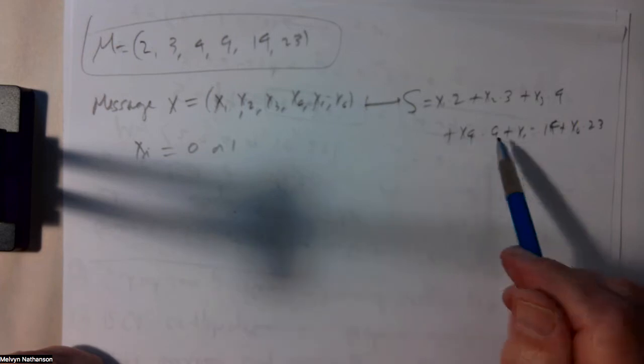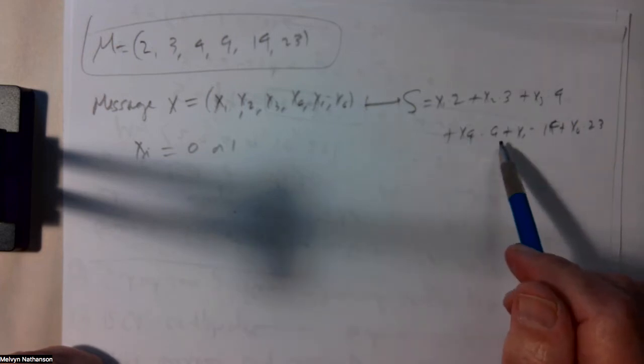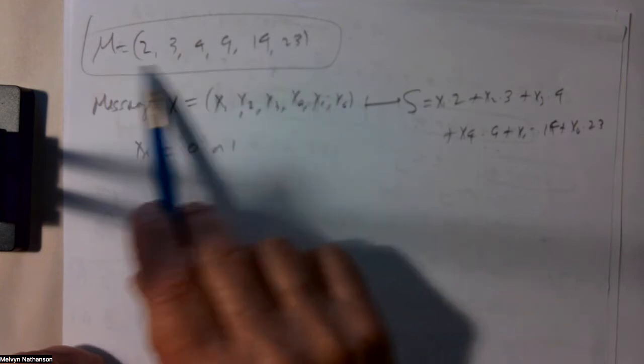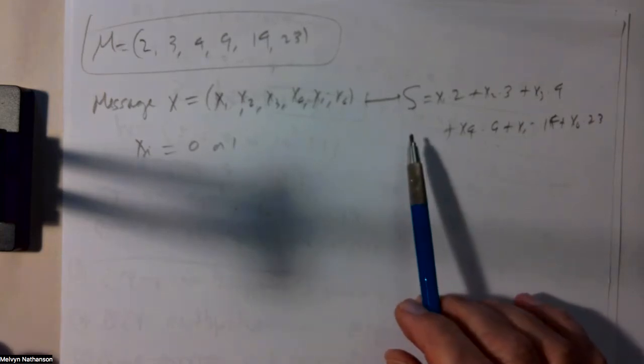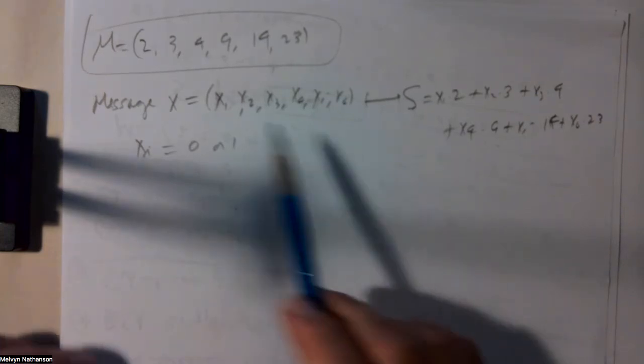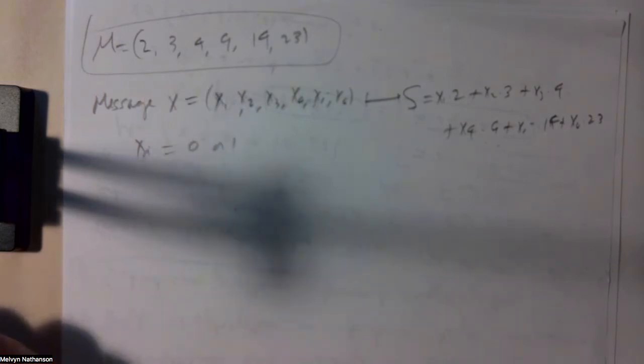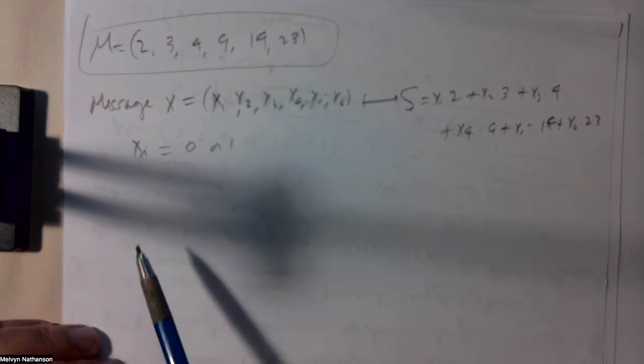And then to decipher that, you just have to break this number up into a sum of elements from the set M. Of course, occasionally, as we saw a moment ago, some numbers have more than one representation as a subset sum. So you might have to deal with that. But if you take big, long strings, that's not going to happen.